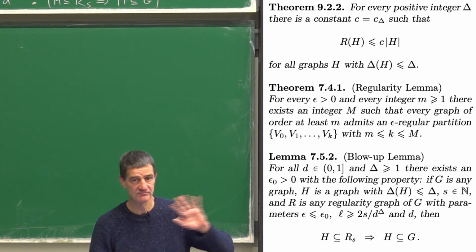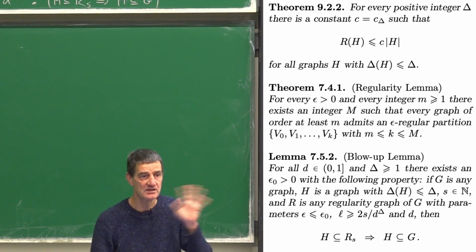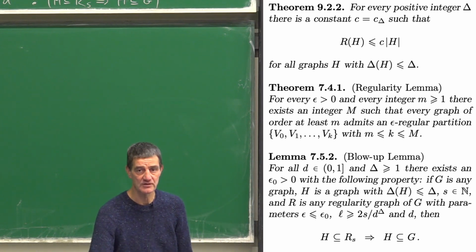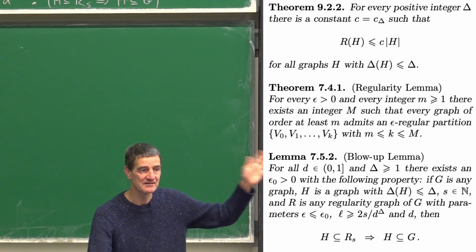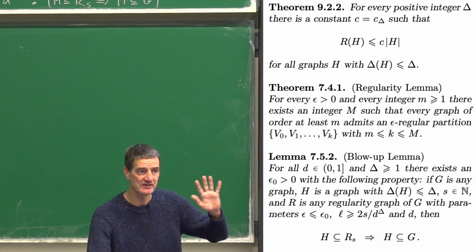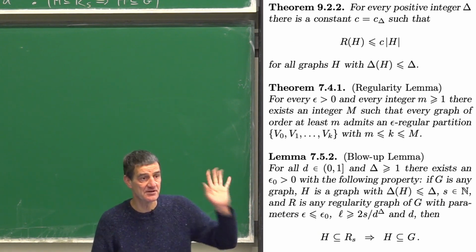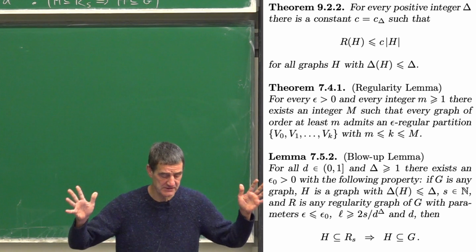So we need epsilon regular partitions of G and of the complement, and we need to look at those at the same time. Now, the definition of epsilon regularity is invariant under replacing a graph with its complement. So the epsilon regular partitions of G are precisely the same as those of G bar, complement of G. Right? So we can do both at once.